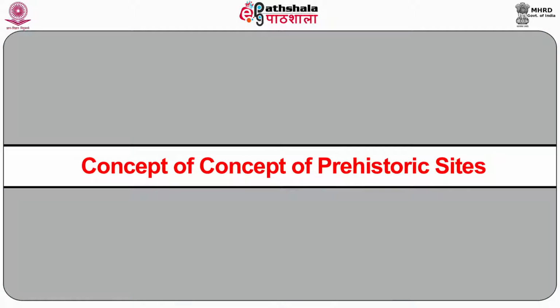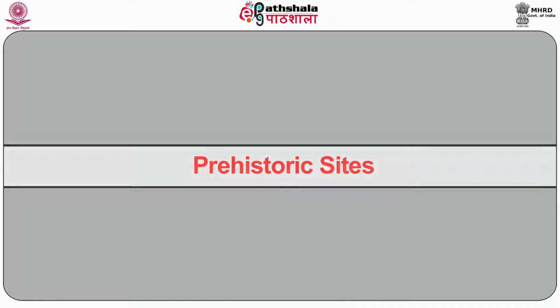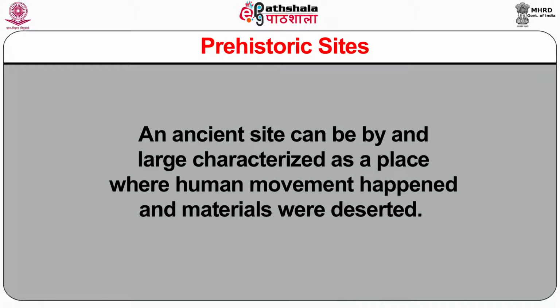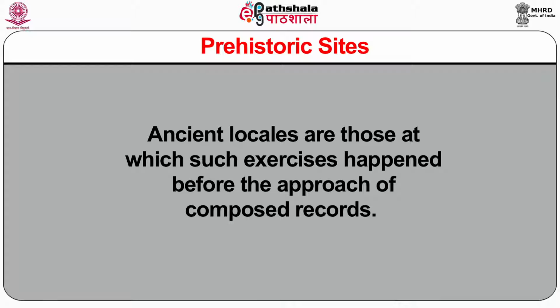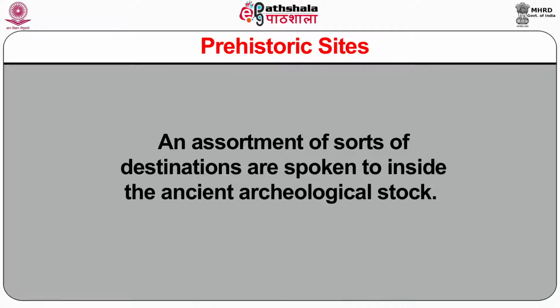Let us understand the concept of prehistoric sites. A prehistoric site is an ancient site that can be, by and large, characterized as a place where human activity occurred and materials were left behind. Prehistoric sites are those at which such activity happened before the advent of written records. A variety of site types are represented within the prehistoric archaeological inventory. Sites occupied for only brief periods of time or during particular seasons of the year can be termed temporary camps.